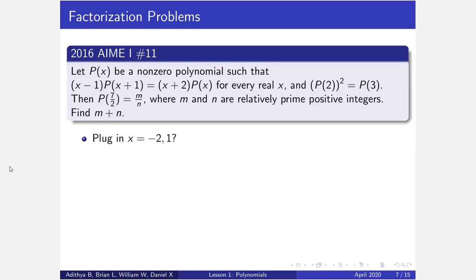Instead, you want to think about the factorization of the polynomial and its roots in particular. We can find roots by just setting one of the sides of the equation equal to 0, right? This is done by plugging in -2 or 1. So what does that give when you plug in -2 or 1?